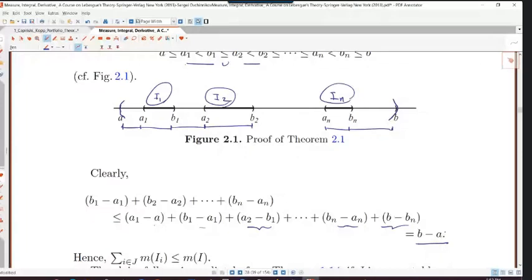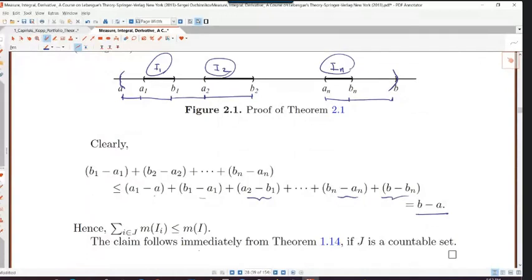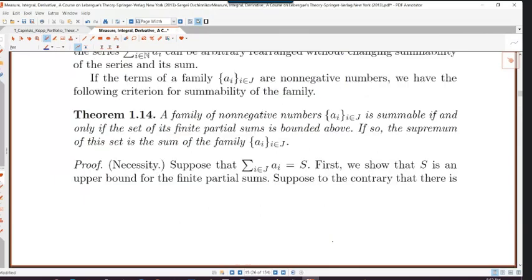The claim flows immediately from theorem 1.14 if J is a countable set. We have proved this for the finite case. But theorem 1.14 here says that a family of non-negative numbers is summable if and only if the set of its finite partial sums is bounded above.